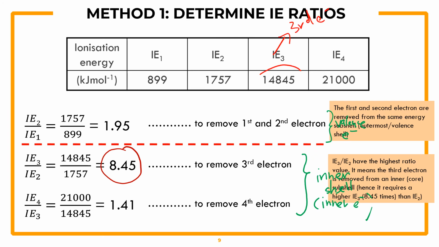So, bila nilai dia adalah tinggi, okay, so apakah maksudnya? This third electron terletak di dalam inner shell. So, once you dah identify mana satu inner electron in the inner shell, so hence you boleh identify 2 elektron di depan ini berada di dalam valence shell.